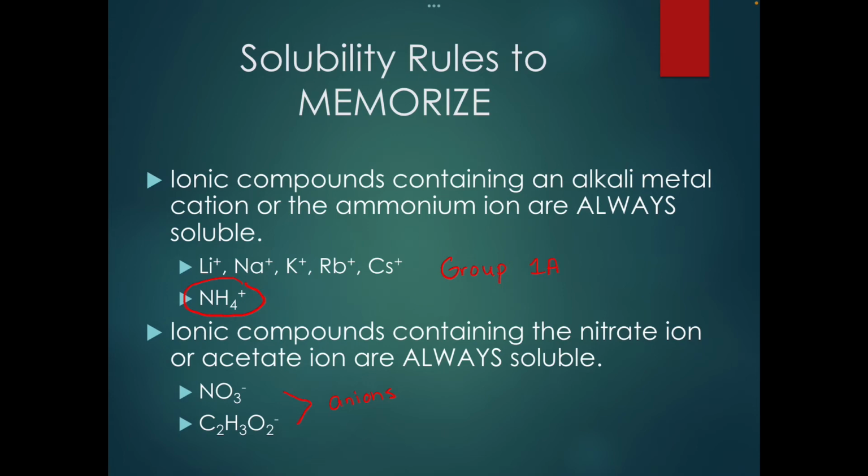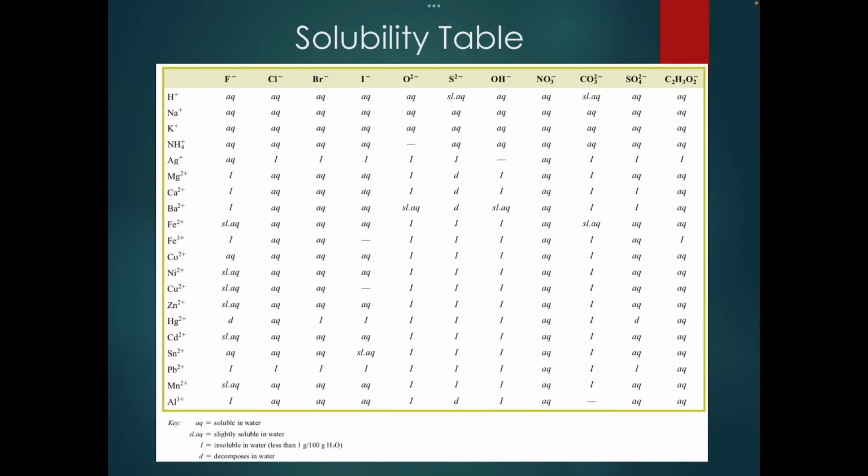The reason I have you memorize these is mostly so that these problems will go faster. If you can notice, like, oh, that has sodium in it, therefore it's aqueous, or oh, that has nitrate in it, therefore it's aqueous, these reactions will be a lot faster for you to do. So it's a bit out of convenience, but it's also really handy to know. So if something is not one of those that you're supposed to memorize, I will provide for you this solubility table.